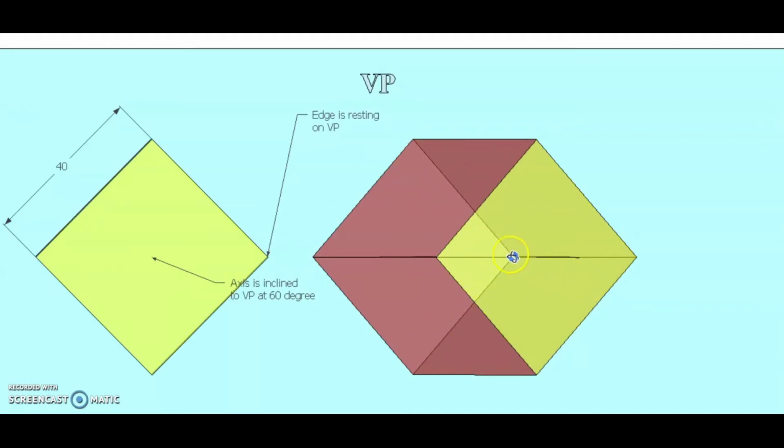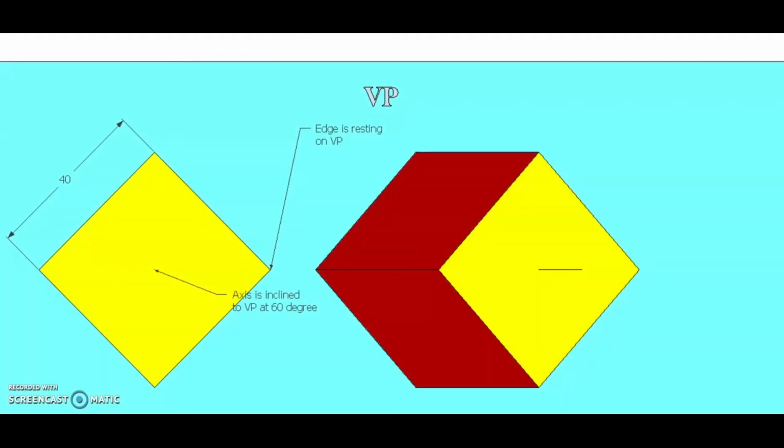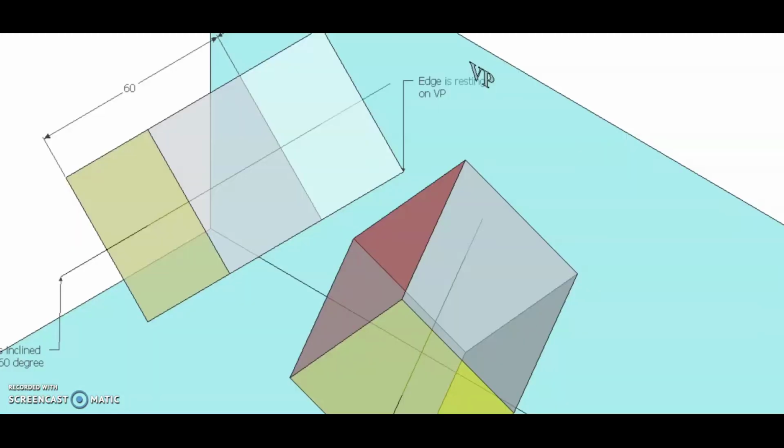So this is a hidden line, this is again a hidden line, and this is a face edge which is hidden. We have to show it by dotted line.